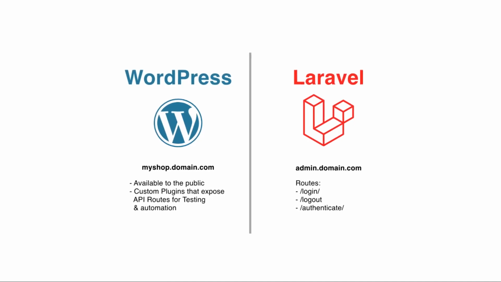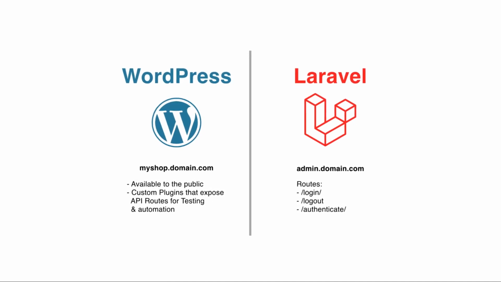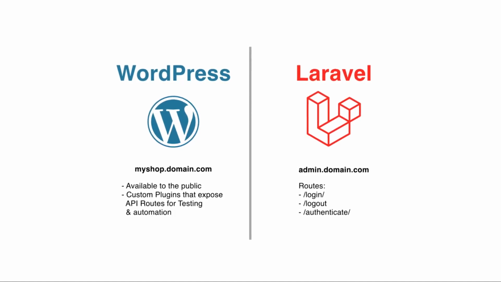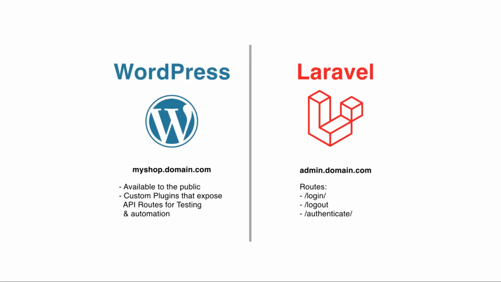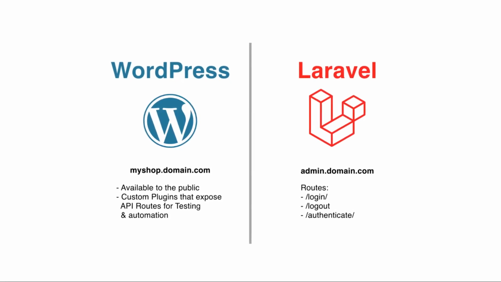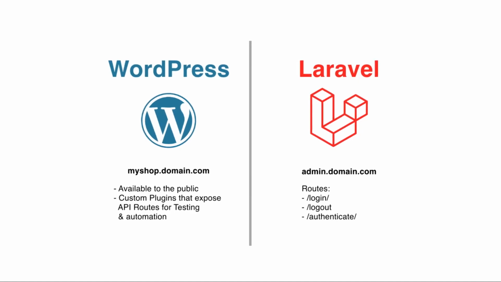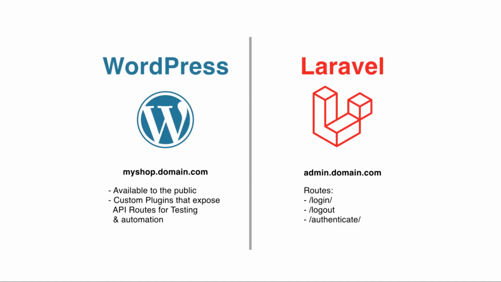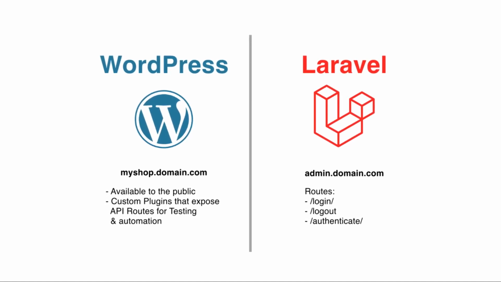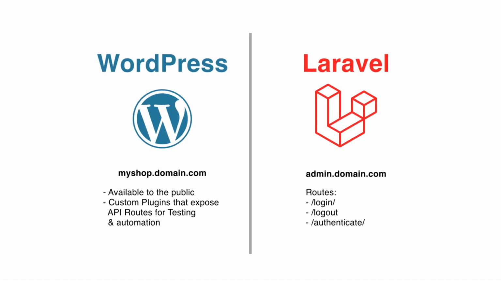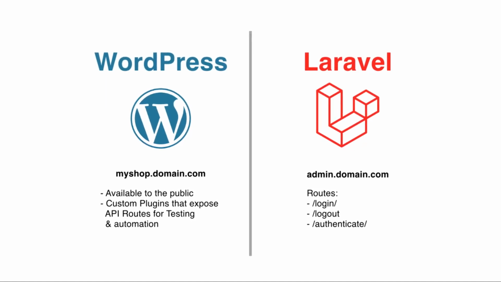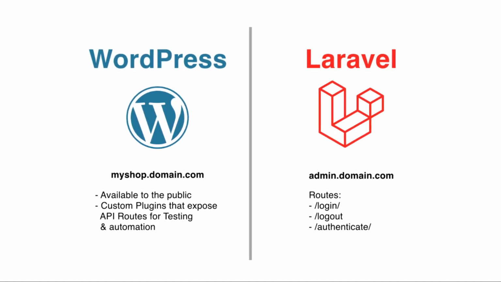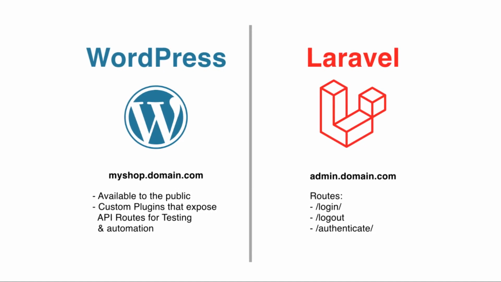At the same time, I have custom plugins that I've built that serve the API routes to do things such as testing, automation, and sometimes I want to delete everything without having to do the manual select and delete all. And then on the other domain I have other routes such as login, since this is my admin dashboard domain. So I have routes such as login, logout, authenticate, and all of that.